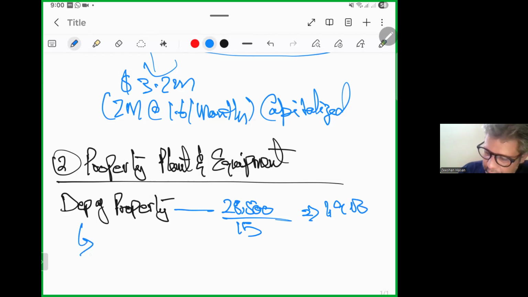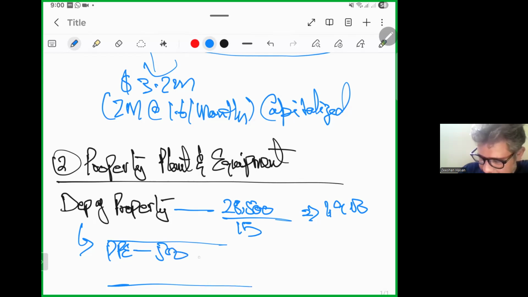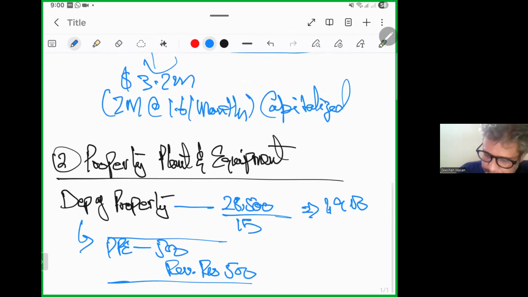Now the remaining, it is revalued by 500. Property, plant, and equipment 500, and the revaluation reserve credited 500. That's it.